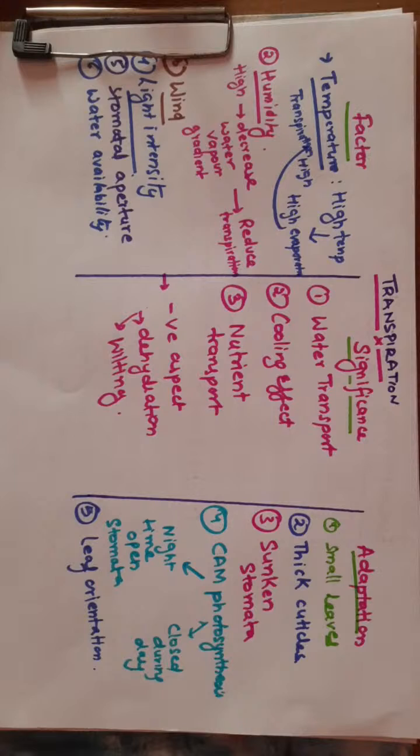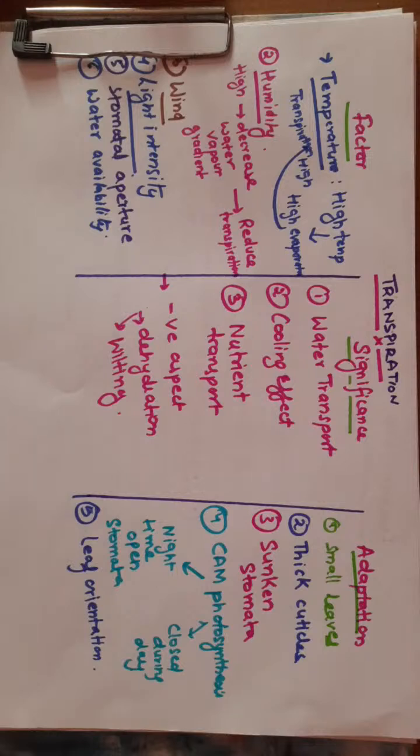So the definition of transpiration is the process by which the plant loses water in the form of water vapor from its aerial parts, primarily the leaf. Transpiration is essentially the evaporation of water from the plant part. I hope the definition of transpiration is clear to you.